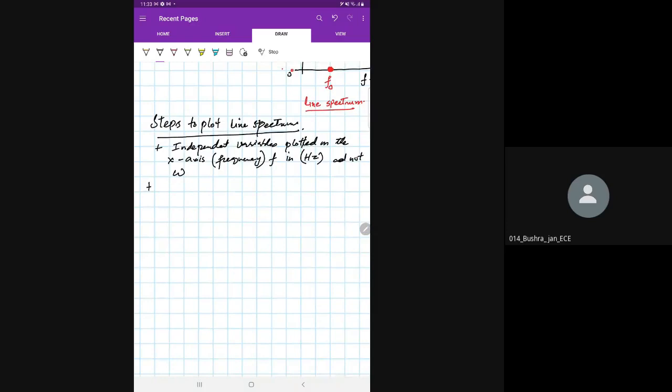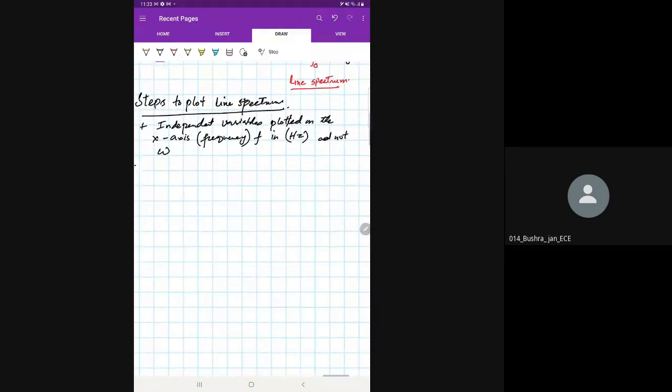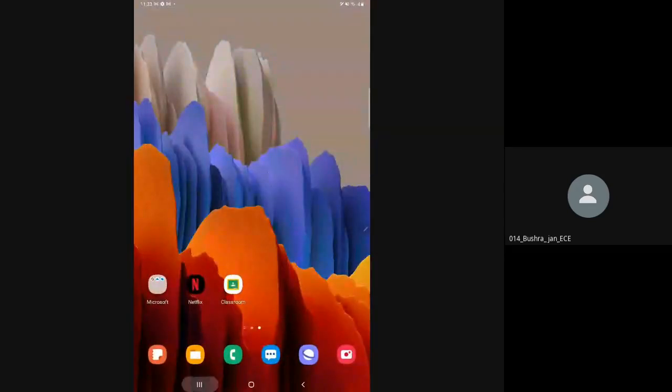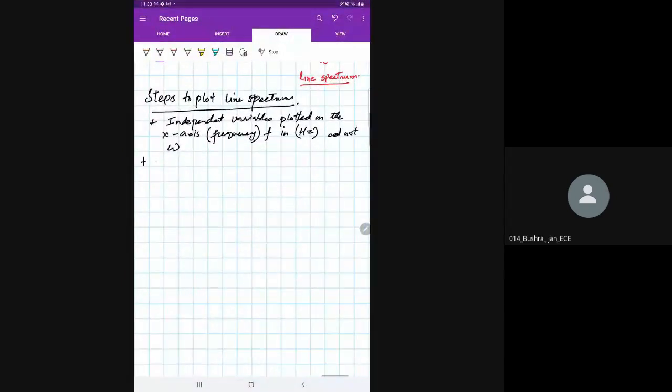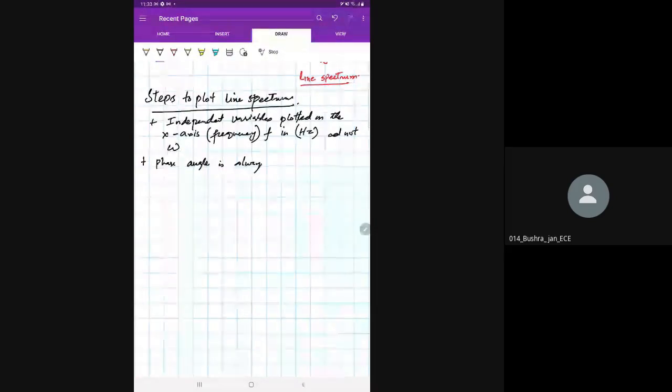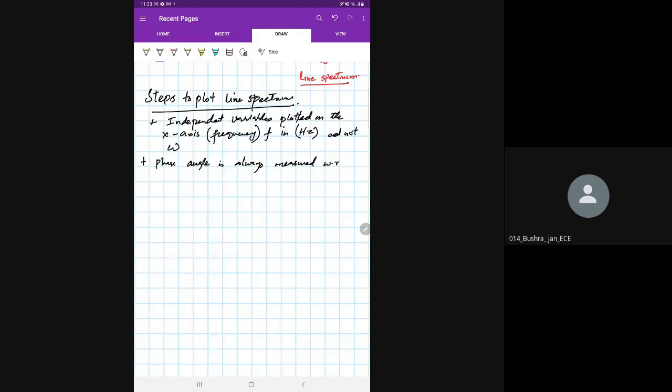The second thing that you have to remember is that phase angle is always measured with respect to the cosine waves.